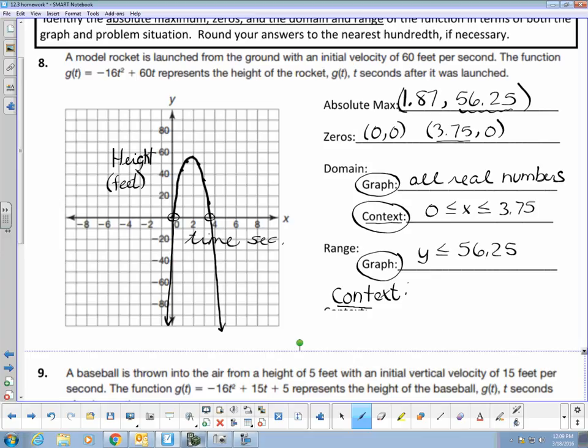But in terms of the context of the problem, the rocket never falls below 0 feet. So my range of values from lowest to highest, lowest is 0, highest is 56.25, describes what all my y values are, including 0 and including 56.25.